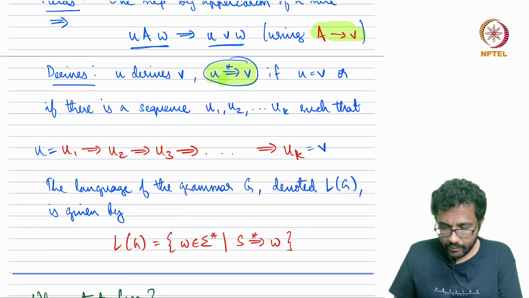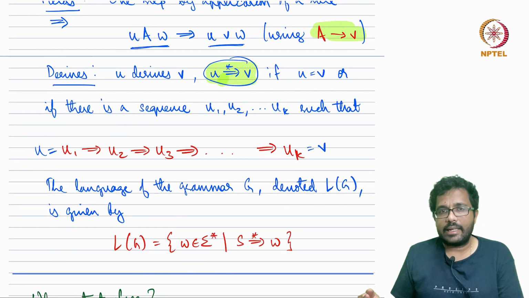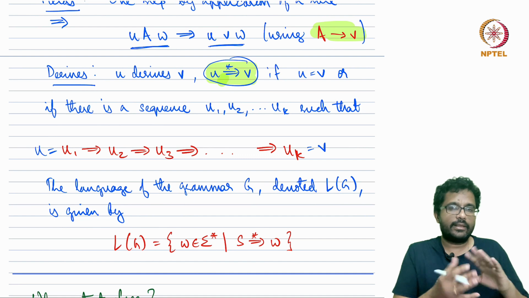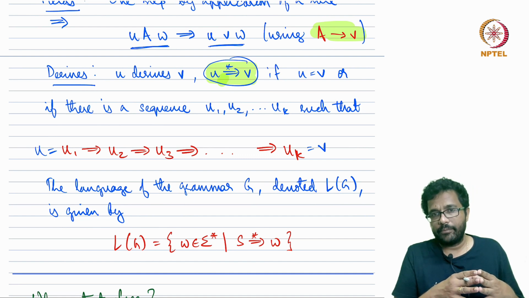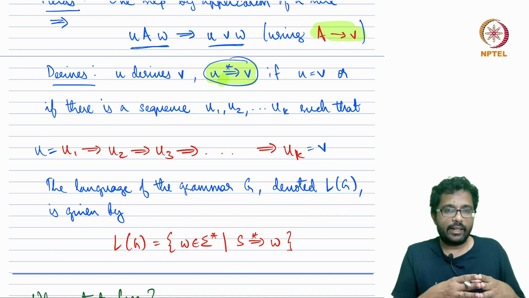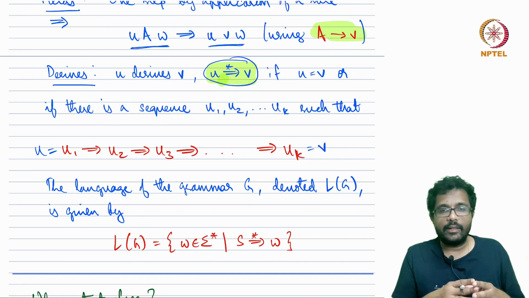And u and v could be general strings consisting of variables, terminals, or a combination of both. But the language of the grammar is the set of strings that you can obtain that consist of only terminals.